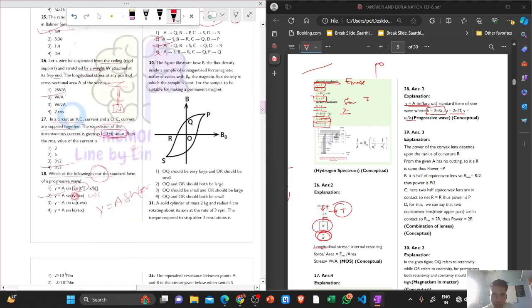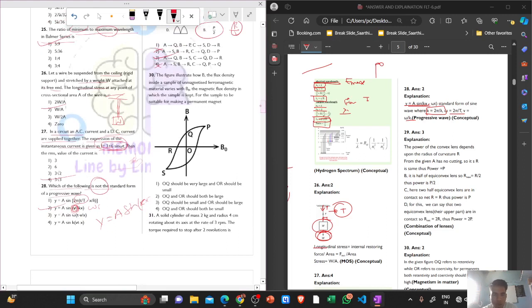Now moving to the last question. The figure illustrates how the magnetic field intensity, or the magnetic density, inside a sample of ferromagnetic material varies with B naught. Which sample is suitable for making a permanent magnet?